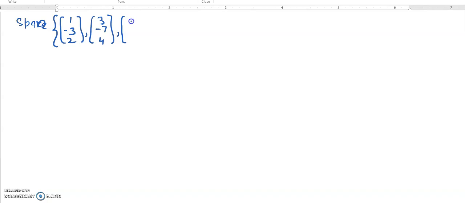Okay, let's do one more example for finding the basis. Suppose the subspace given is the span of (1, -3, 2), (3, -7, 4), (0, 1, -1) and (2, -7, 5).